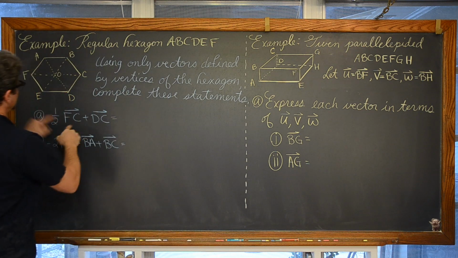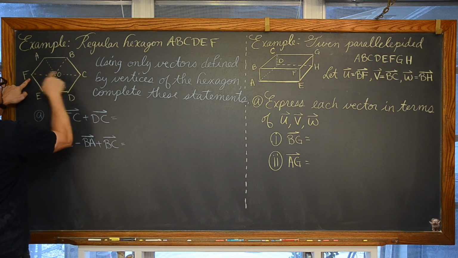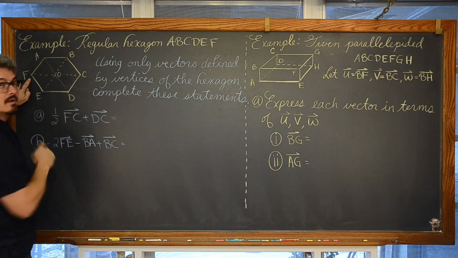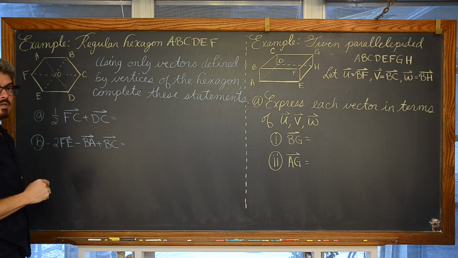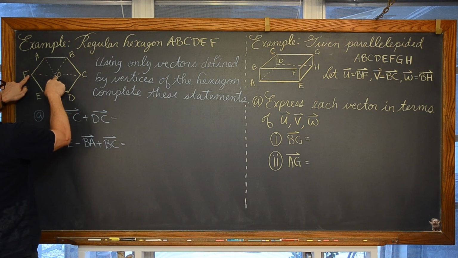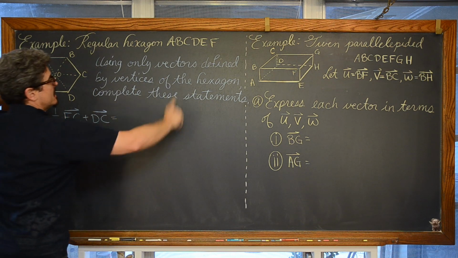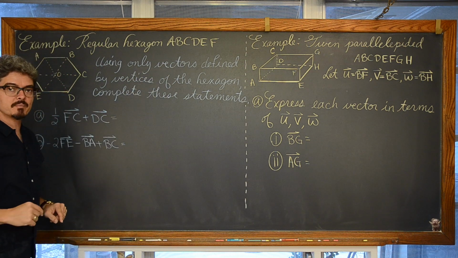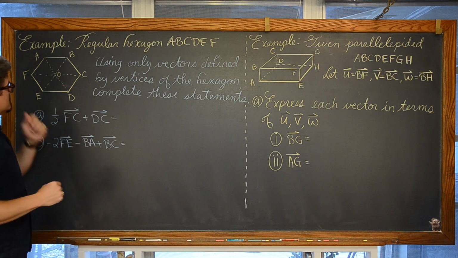Well, vector FC goes through sort of like a diagonal of this regular hexagon, passing through the origin. Now, 1/2 FC would be FO, except O is not a vertex of this hexagon.